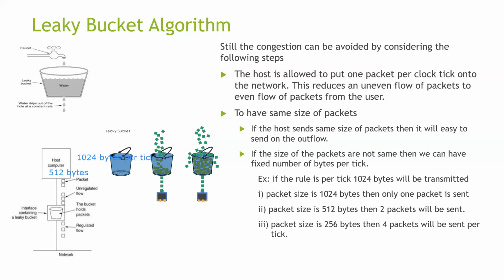My rule is that I can send 1024 bytes per tick. So how many packets can I send? Each packet size is 512 bytes, so I can send two packets in one tick, in 1 millisecond.